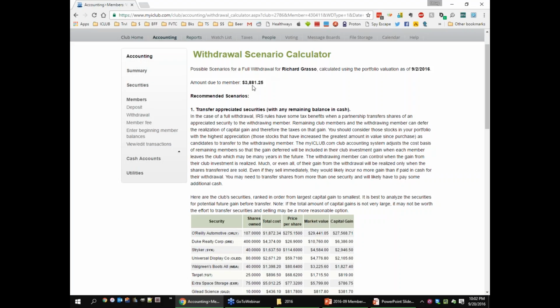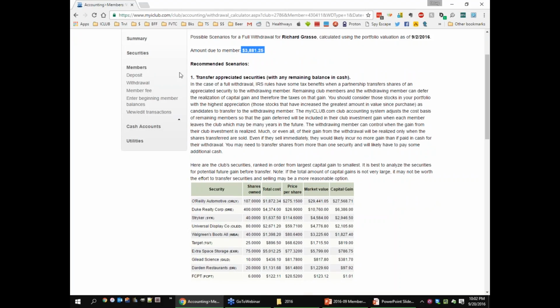So in this case, Richard has $3,881 in the club. The first thing to look at, because it's a full withdrawal, is transferring appreciated securities. So we look at your club portfolio and we say, well, gosh, here are the stocks that you own ranked by the amount of capital gains over here in the last column.